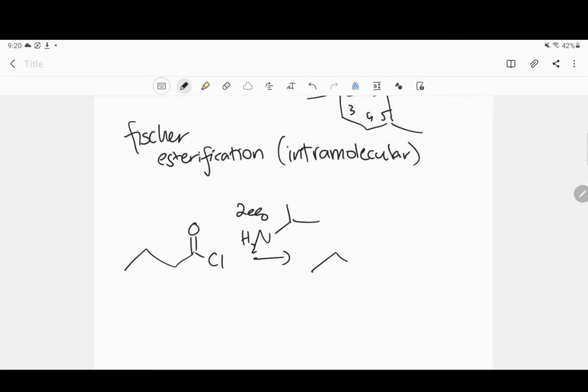You don't need to do all the reductive amination and all that fun stuff, because, oh, I'm sorry. We do. Oh, I lied. I'm sorry. Once you have this, then you can use just lithium aluminum hydride. That's probably the easier way to do it, because that's fewer steps. Because if you take this and do, what did you do with this, by the way? What was the next step?